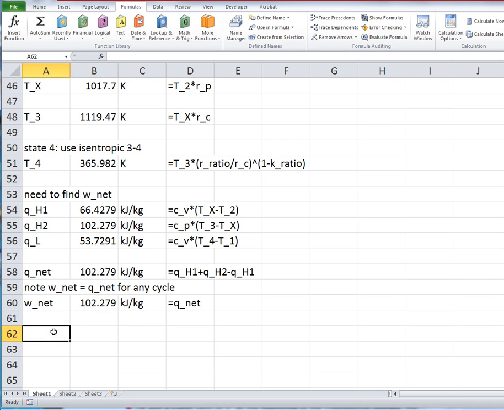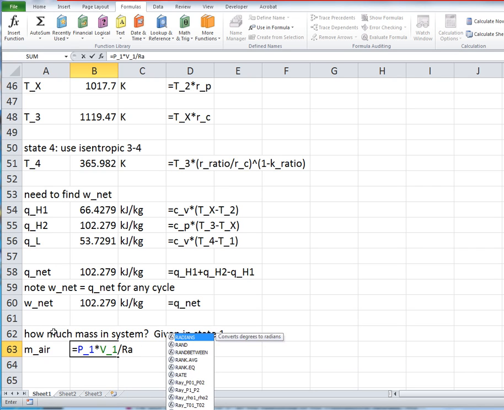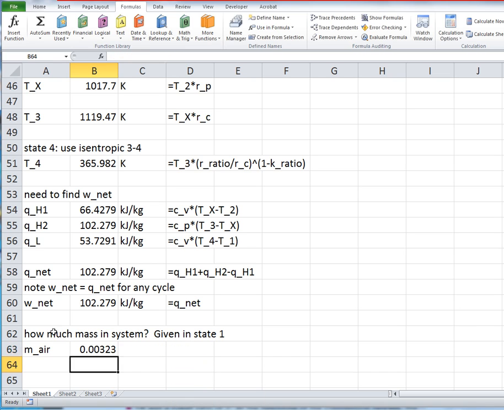We now need to find out how much mass in the cycle. State 1, he pretty much gave us everything we needed to know to find the air. We need to have air, R. Pretty small number.